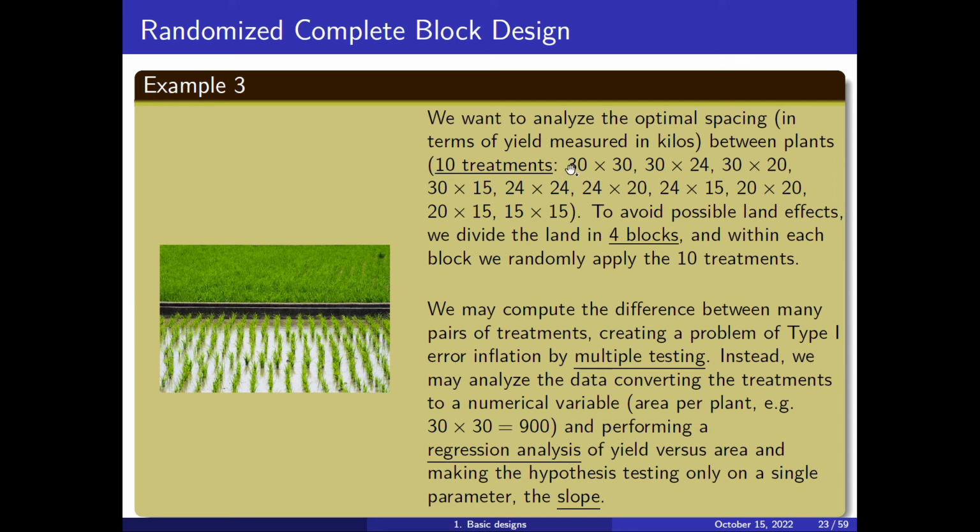So this is the separation in X and Y of the different plants, so 30 centimeters, 30 by 24, so there are multiple combinations. And to avoid possible land effects, we will divide the land into 4 blocks, and within each one of the blocks we will apply the 10 treatments. But those are quite a lot of tests.